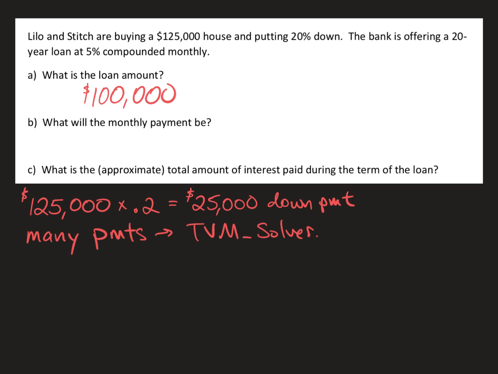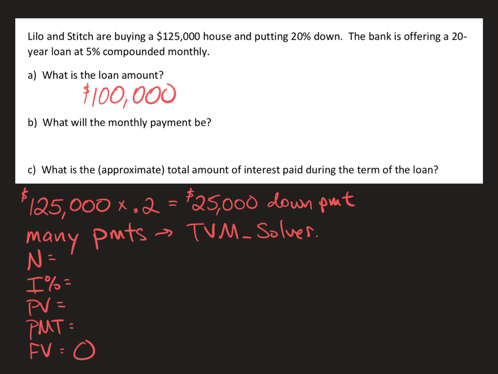When you use the TVM solver, you need to know the capital N, which is the total number of payments, the I%, the present value, the payment, and the future value. And since this is a loan repayment, Lilo and Stitch are borrowing money to pay back over 20 years, the end of that loan should be $0.